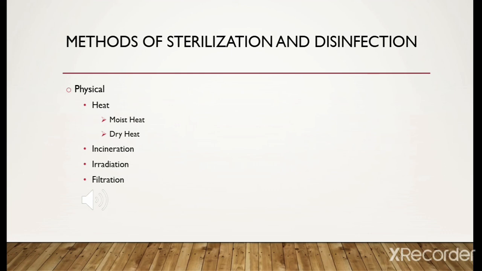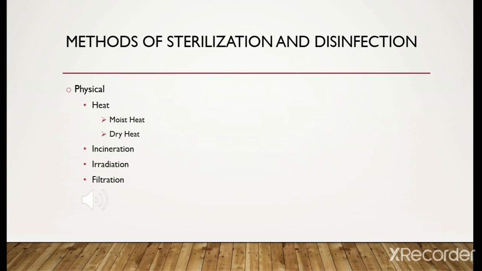And lastly, under physical method, we have filtration. It involves the physical removal of all microorganisms in a liquid or gas form, and is especially important to sterilize solutions which would be denatured by heat. A good example is millipore filters, which are used for sterilization of fluid and antibiotics.